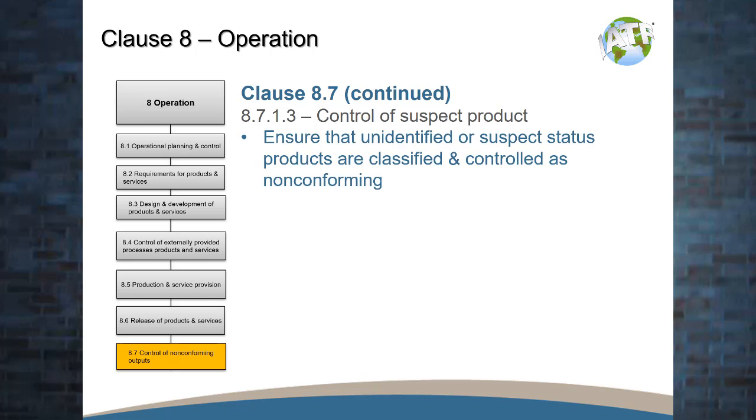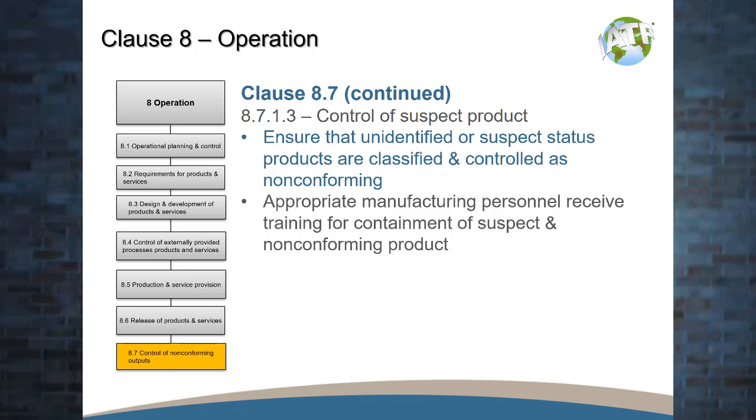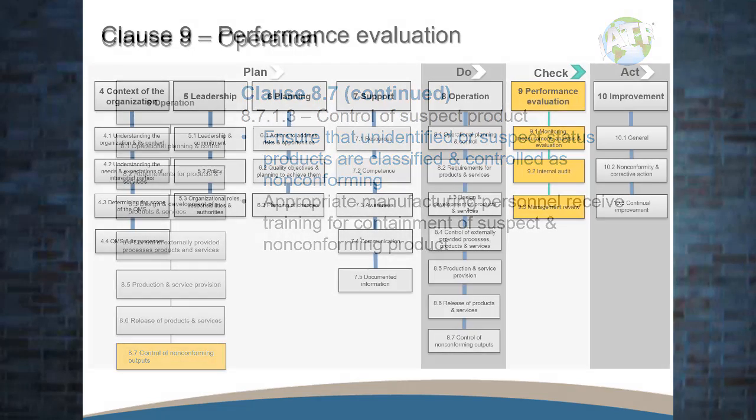You have to ensure that unidentified or suspect status products are classified and controlled as non-conforming. Appropriate manufacturing personnel receive training for containment of suspect and non-conforming products. So they know in manufacturing, they've been trained on how to properly contain and prevent unintended use of that bad product.